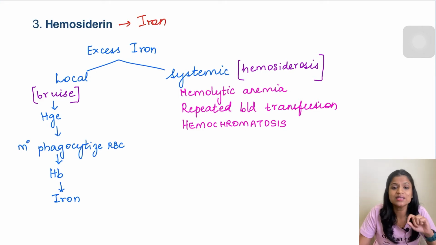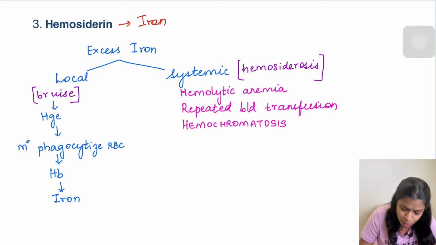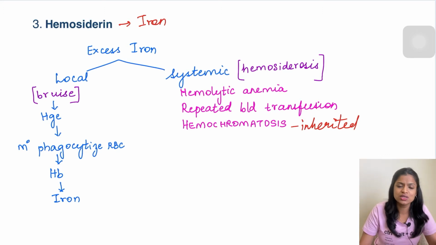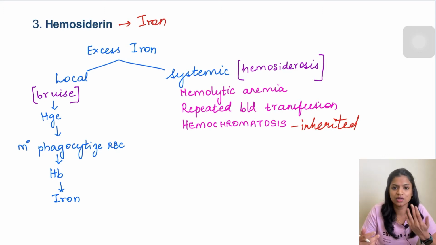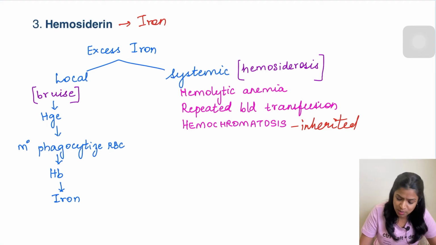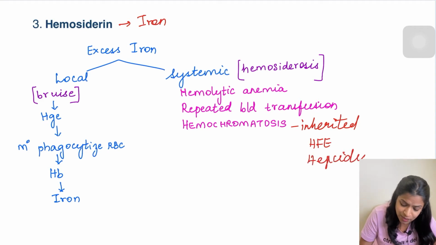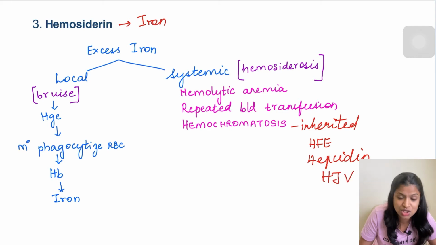Also, there is something called hemochromatosis. Hemochromatosis is basically an inherited disorder of iron metabolism. There are various genes involved in iron metabolism, the genes responsible for iron absorption from the gut. Some of the genes are the HFE gene, then we have the hepcidin gene, then the hemojuvelin gene, HJV gene, and then the transferrin receptor 2 gene.